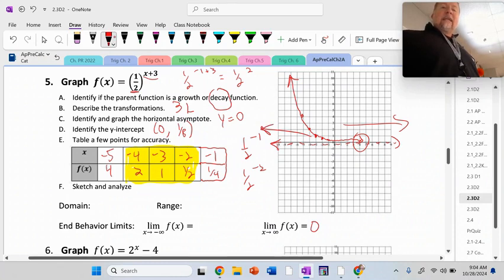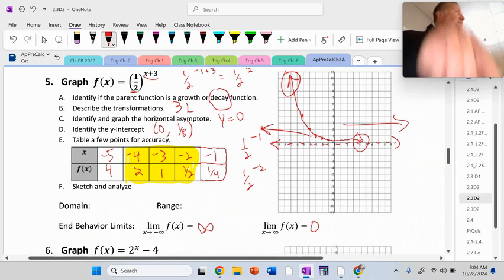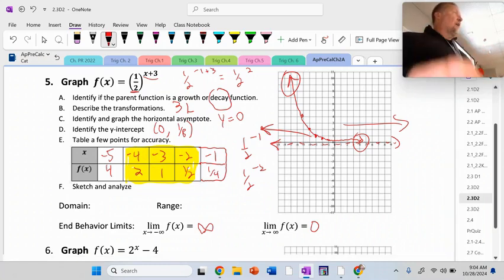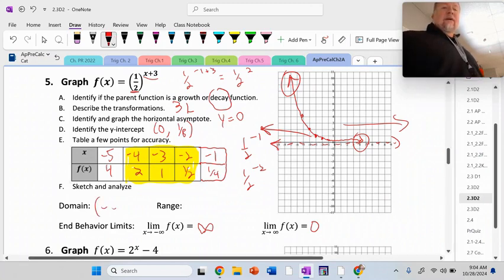When I input these negatives, what kind of Y values am I getting? Large positive. Some people have missed every single one of these limit statements. What is happening? All right, domain is always all real numbers. Range is 0 to infinity.